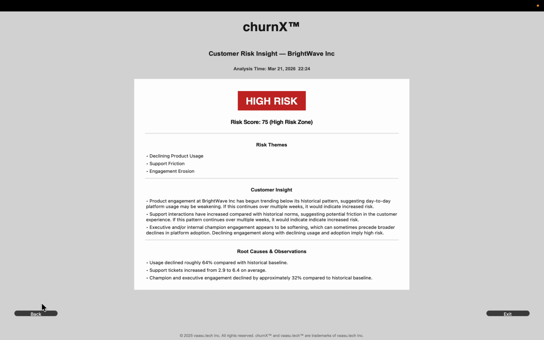It helps you see what others miss, understand what matters, and act before it's too late. By the way, this is just the beginning. churnX is designed as an intelligence foundation for a broader set of customer intelligence tools, one that will evolve to drive retention, adoption, growth, and stronger customer relationships.